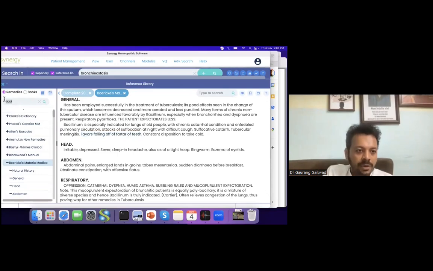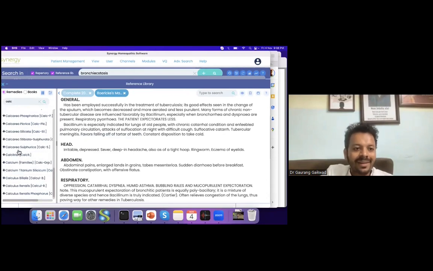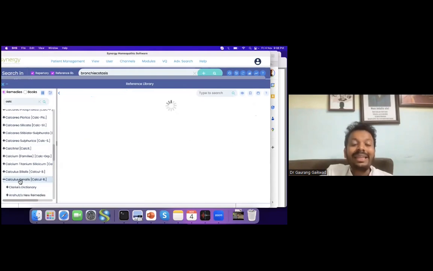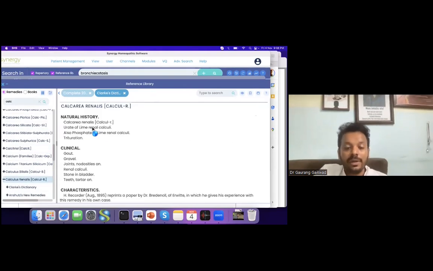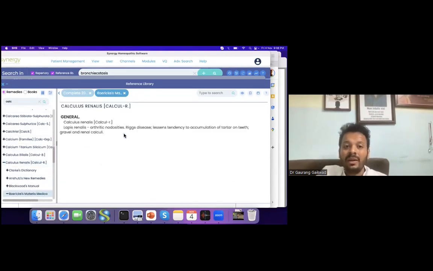Which is the other remedy for tartar of the teeth I'm going to share with you. It is a remedy which I use a lot as well. Let me show you. It is calculi renalis. This is a remedy which is prepared from the renal calculi, ladies and gentlemen. I generally use this remedy when I see a case of not just a child, but even of an adult who gets recurrent renal calculi.